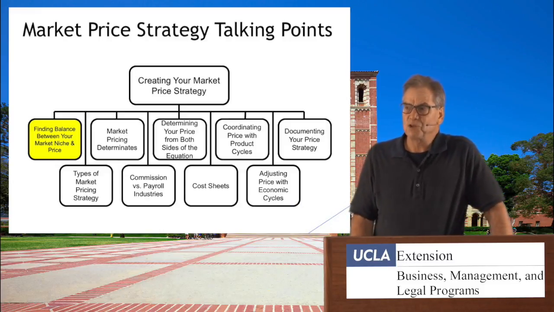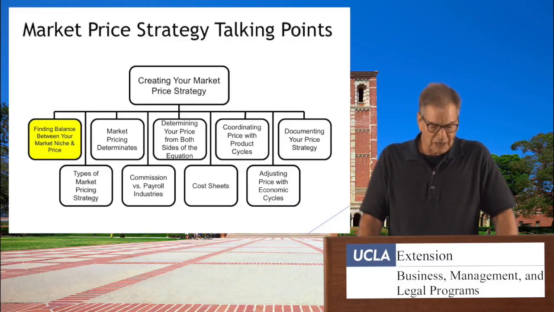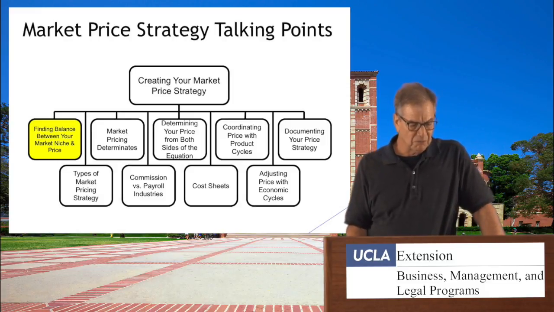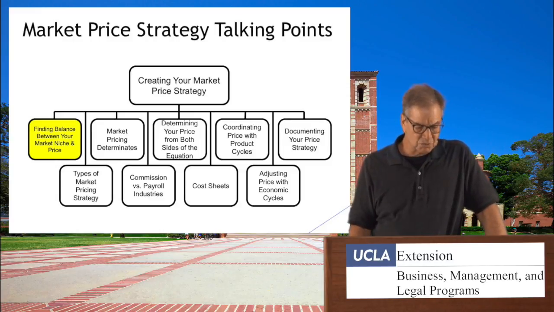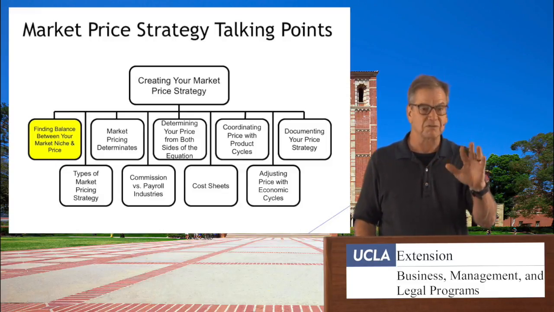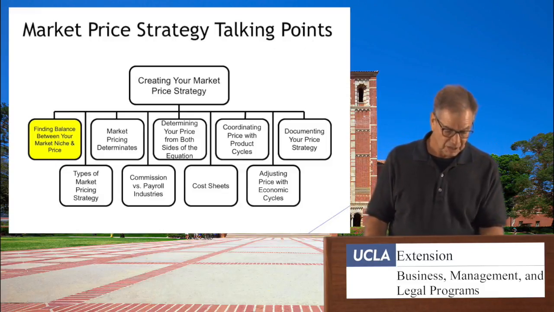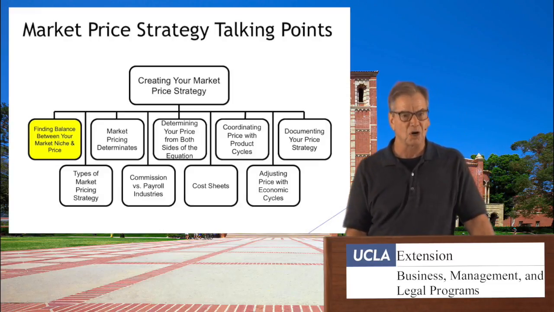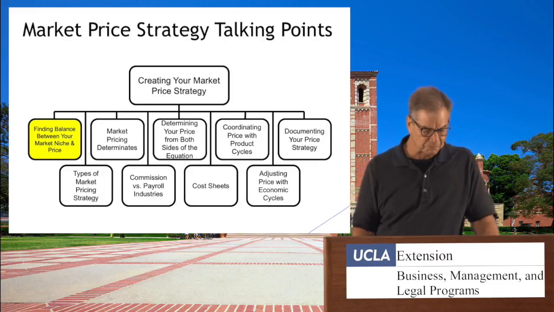From a serendipity standpoint, I'll be repeating myself a little bit, but I want to step through these market sales strategy talking points. I just want to throw this out because every business is different and there are different things that affect their price. So I want to go over these real quickly just because they might jar an aha moment for you.